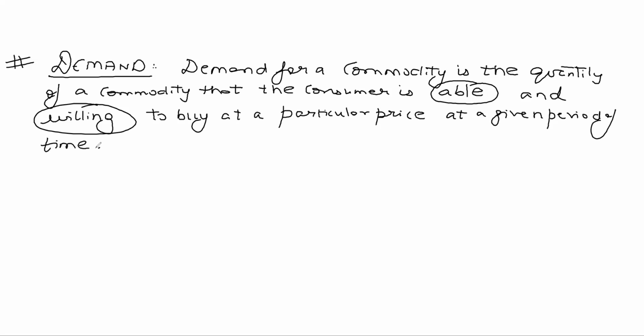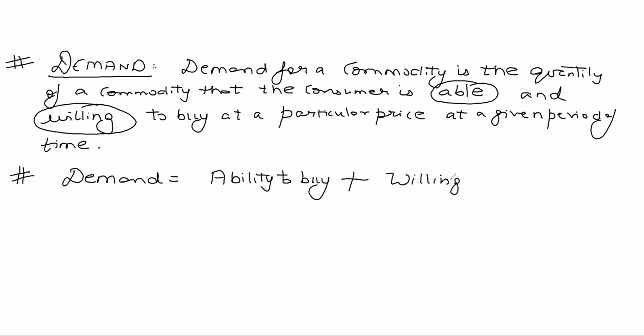So the point to understand here is that when I talk about demand, it captures both the ability to buy plus the willingness to buy. All students should be able to understand this. When I say that I demand a commodity, it means I have the affordability to buy it, I have the money to buy it, and I also want to buy it.